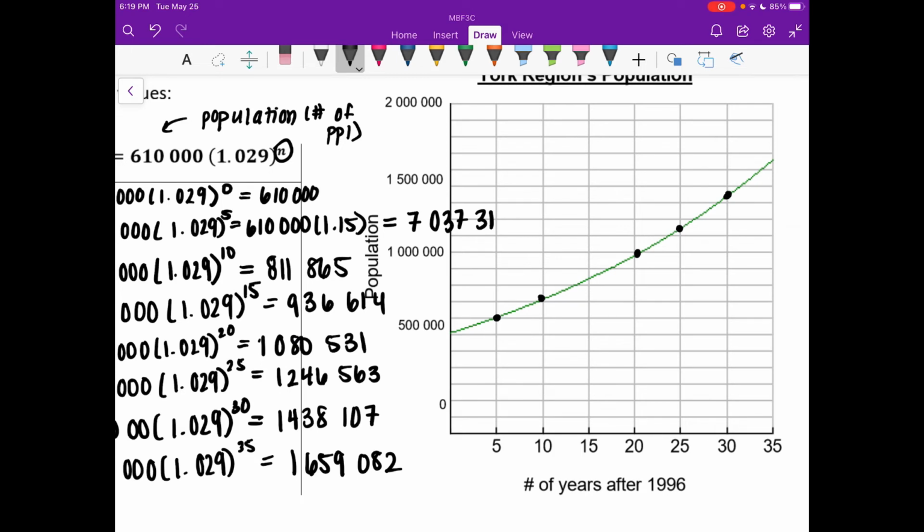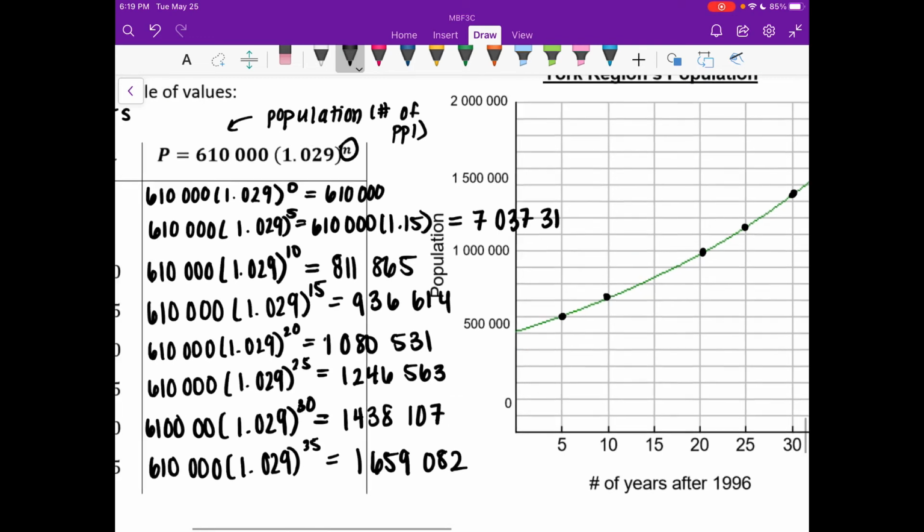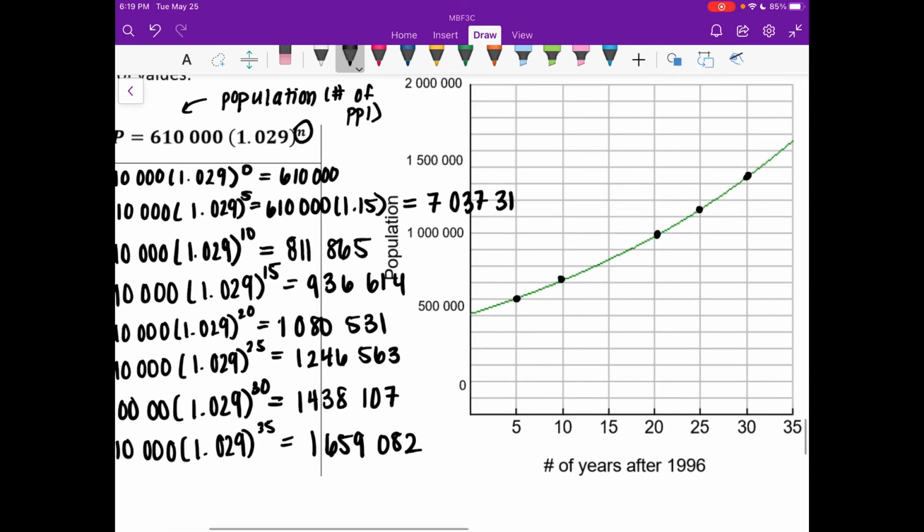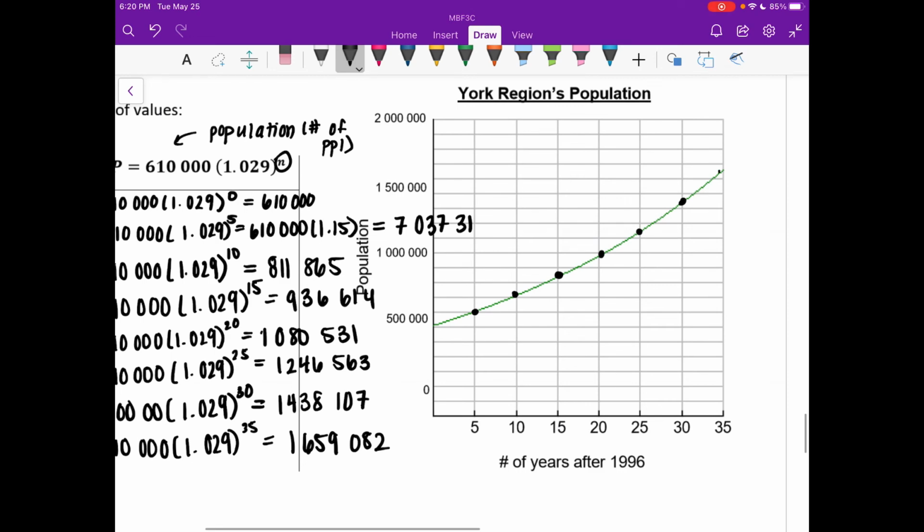And we just plugged them in and joined them together. 15, sorry, I forgot to add 15, 9 something, so it'll be here. 35 was up here. So I just joined them together in that line.